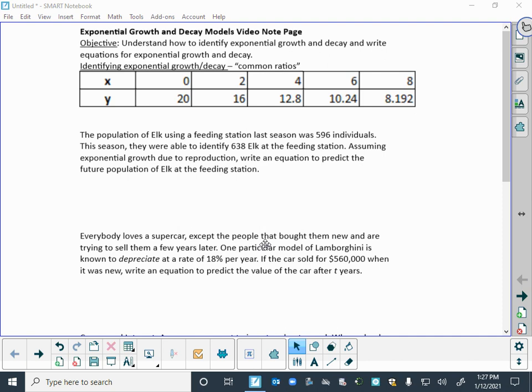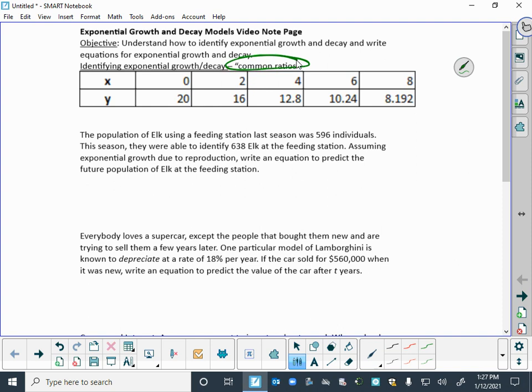The first thing we want to talk about, though, is a common ratio. Since exponential functions are about multiplying by the same number over and over again, the way that we identify what that number is that we multiplied by is to divide the result by the number before that and figure out what that number might have been.